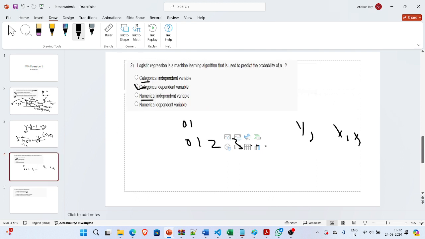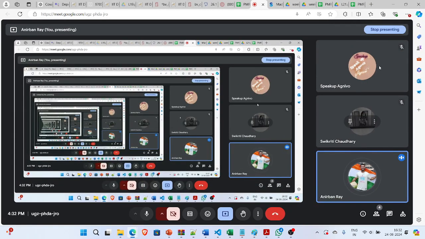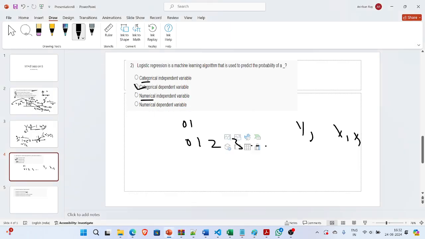So Sukriti, logistic regression is an algorithm used to predict the probability of a categorical dependent value, as I explained. We are trying to predict y, which is dependent on x1 and x2, so it is a dependent variable, and y can take discrete values like this, so that is why it is categorical.